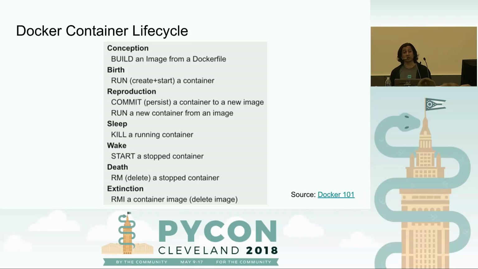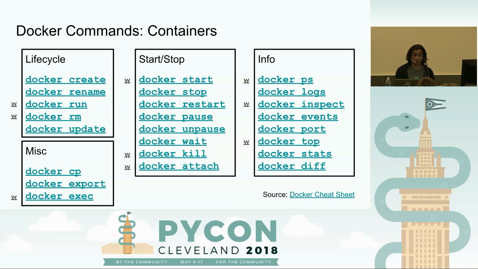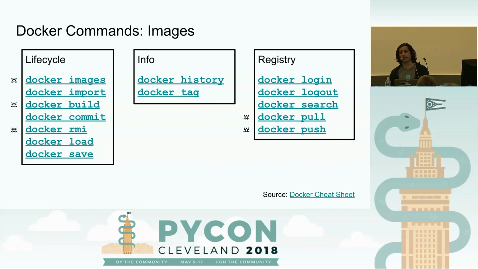If we ever want to remove a stopped container, we can do docker rm container name. And if we want to delete our image, we can do docker rmi image name. This is a list of Docker commands for containers. I put stars next to ones I use more than others. This is the same thing, except it's for images.